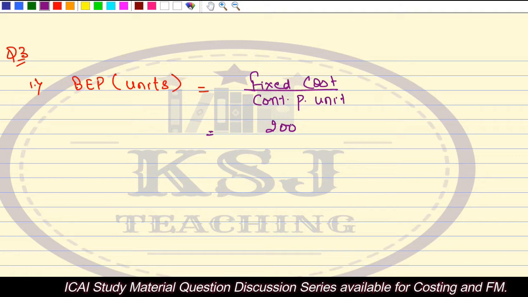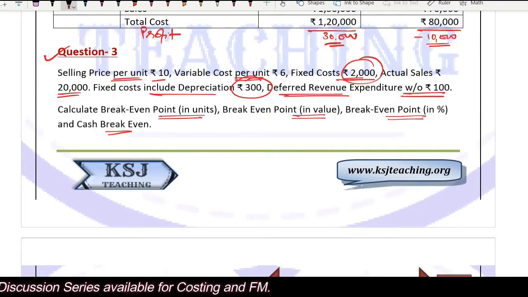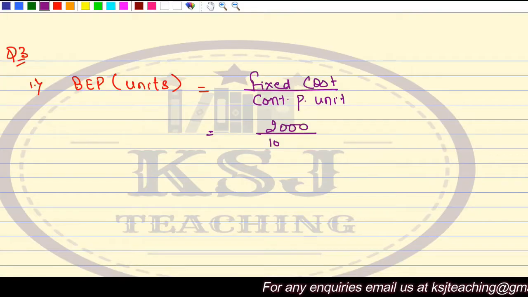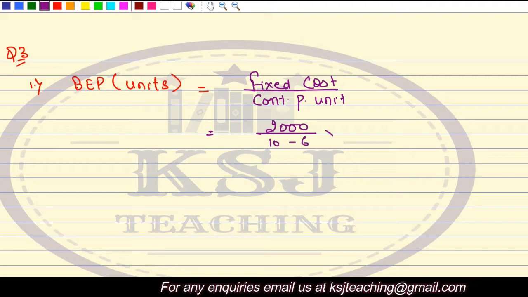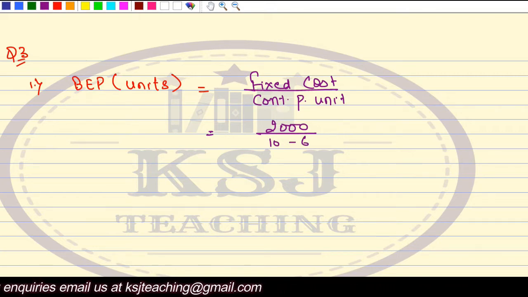2000 divided by contribution per unit. Selling price is given, variable cost is given. So selling price per unit minus variable cost per unit will give you contribution per unit. So I will write it as 10 minus 6. No, sir, it is not in percentage. We are calculating the units.